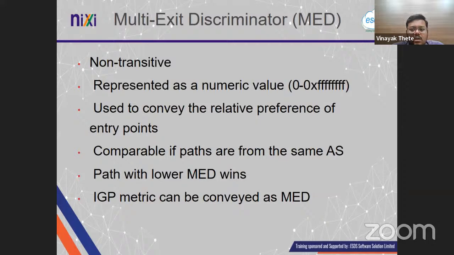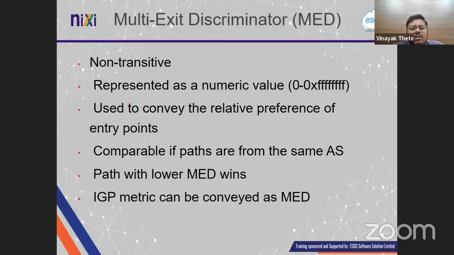Basically, the MED value can be used to advertise to your neighbors how they should enter your AS. So it is a carrying attribute. MED value is exchanged between autonomous systems, and always the lower MED value is preferred for the specific route.